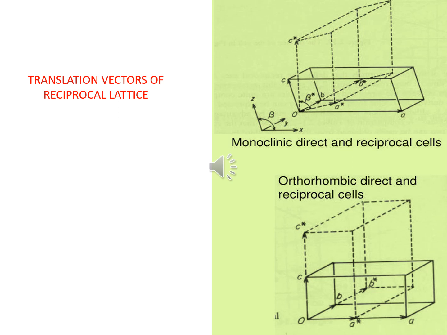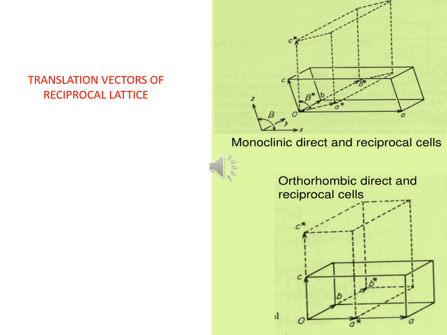This diagram shows two different examples, monoclinic and orthorhombic, for direct and reciprocal unit cells. Here we can clearly see that if originally the a, b, c vectors were making 90 degrees, then the reciprocal lattice will not be tilted, but the lengths of the sides will be in the reverse order. If a was the highest, then in the reciprocal lattice a star will be the lowest.